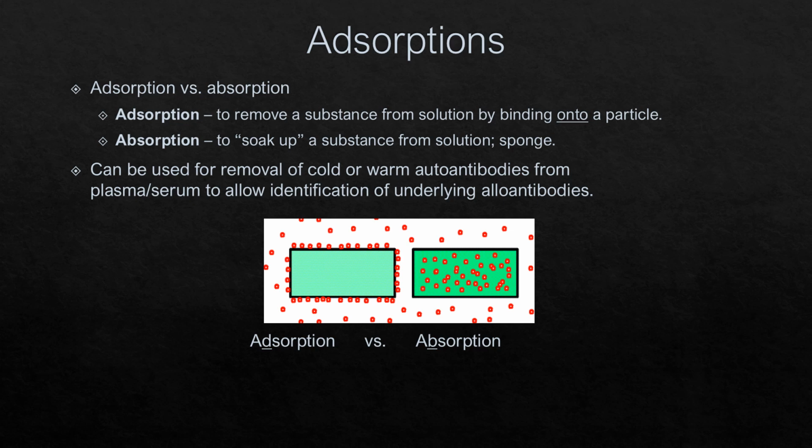We're doing adsorptions. So we will take a known RBC that has a, say, Duffy A antigen, and if we want to get the Duffy A antigen out of the patient's plasma, we'll incubate them together. That anti-Duffy A will adsorb onto the adsorbing cell and leave that plasma free of the antibody that we're trying to get rid of.